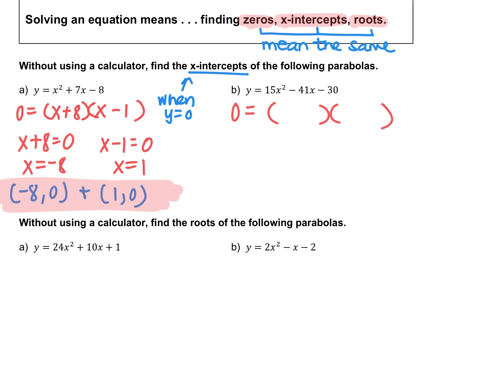So what would my x's be if it's 15x squared? 5x and 3x is a good place to start. Okay, and then for 30, what would my numbers be? 6 and 5. So remember, I can't do the 5 with the 5, so it would have to go like this, right?